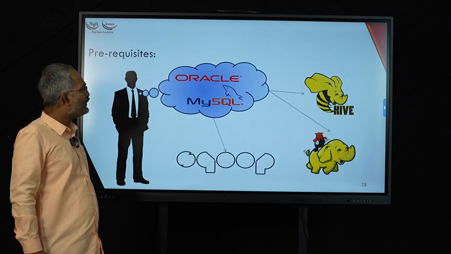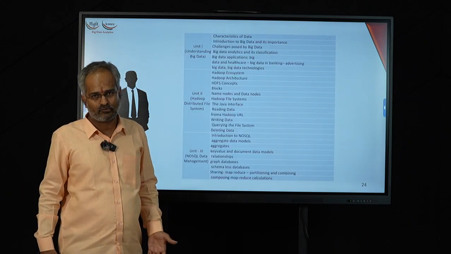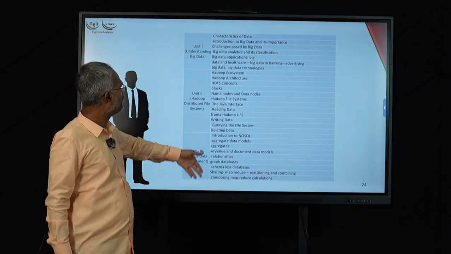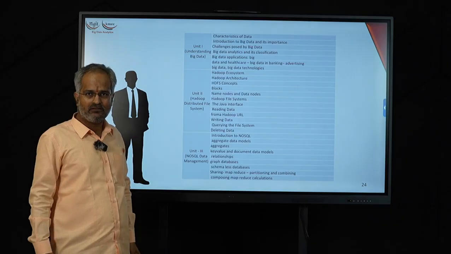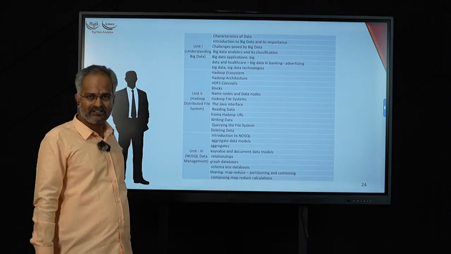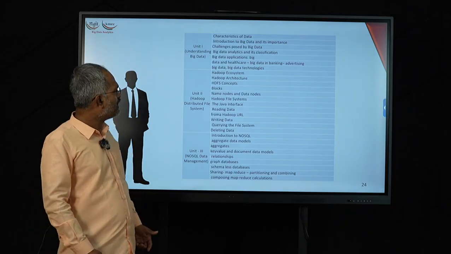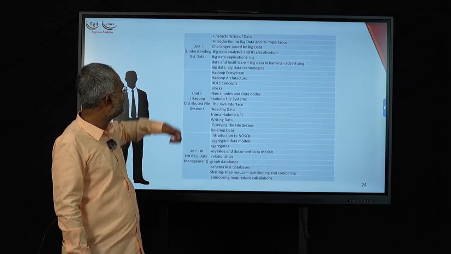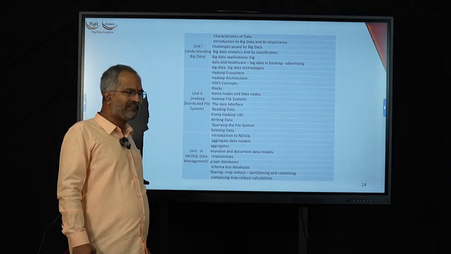And now, your syllabus. What is there in your course? This is your syllabus. Unit 1 is only for understanding big data. What is big data? What are the characteristics? What are the areas of big data? All these are discussed in Unit 1. And Unit 2, Hadoop Distributed File System.